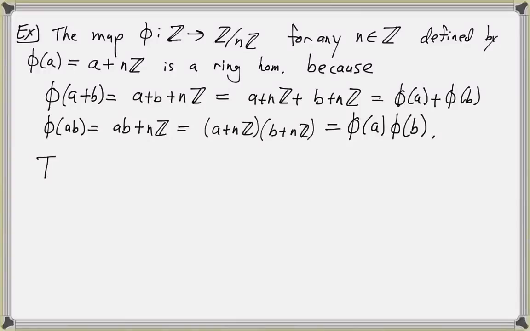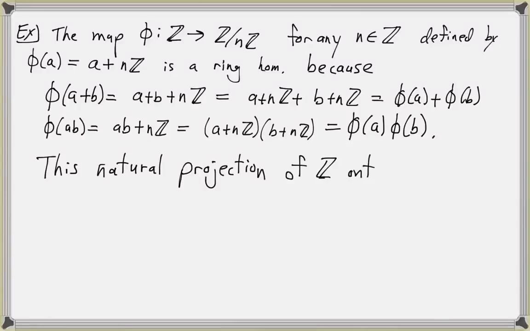So this natural projection map of the integers onto the ring of integers mod n is called reduction mod n.